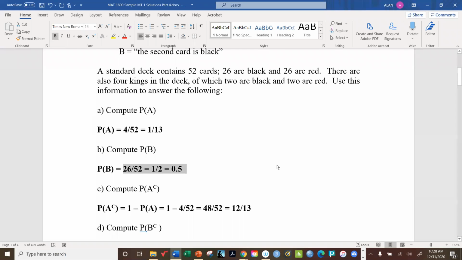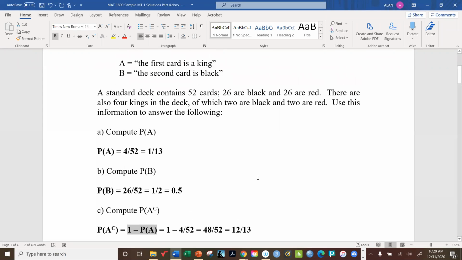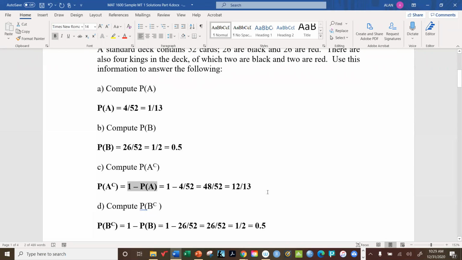All right, now A complement. For this one, we want to calculate A complement using our rule. Although if you wanted to, you could define the set A complement as simply being all the cards that are not kings. But it's probably quicker and easier to do it this way. It turns out that 48 cards in the deck are not kings because 4 of them are.